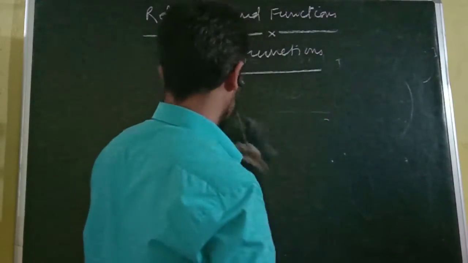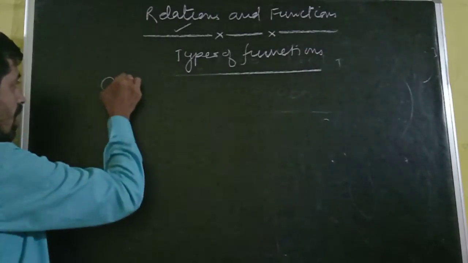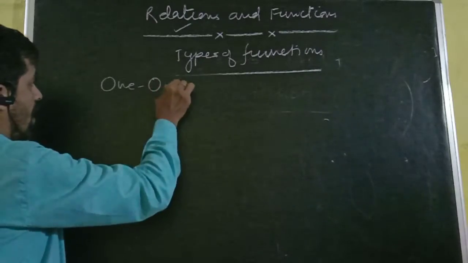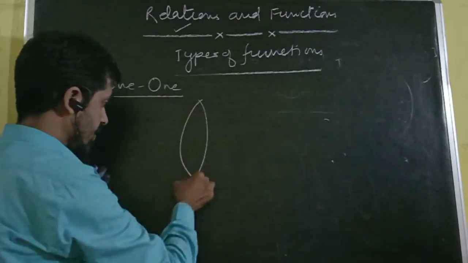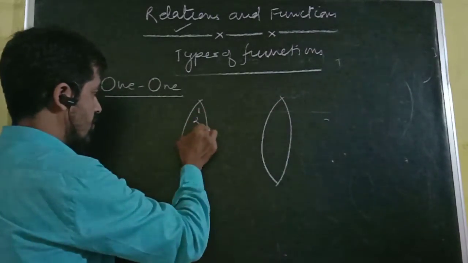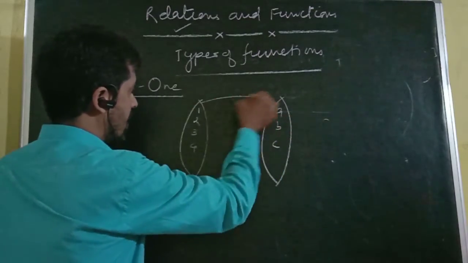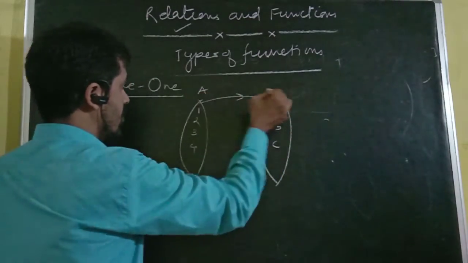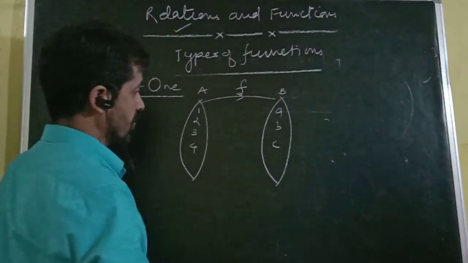We have taken set A, set B, 1, 2, 3, 4, A, B, C, f is defined from A to B. We have to find out the number of one-one functions.